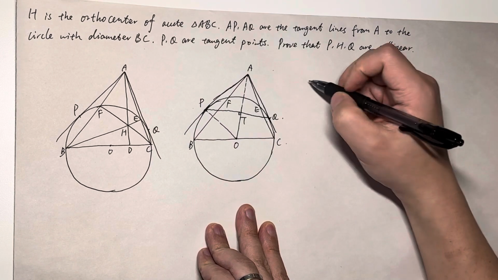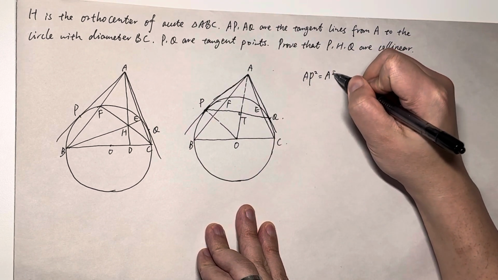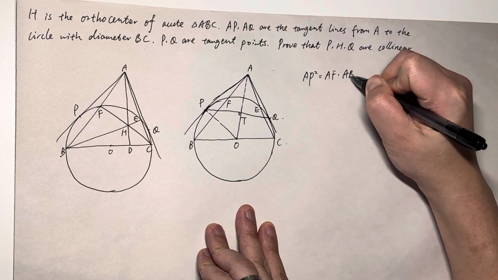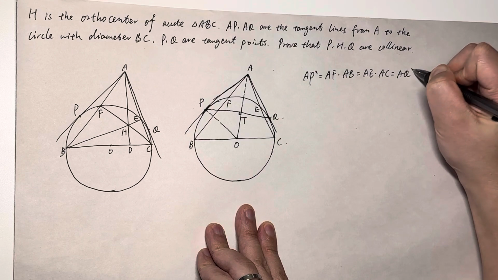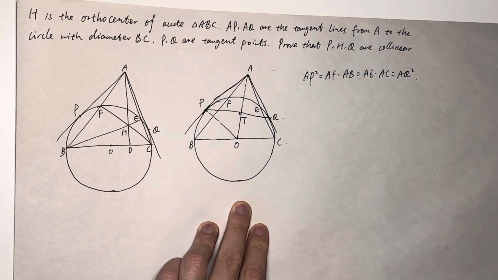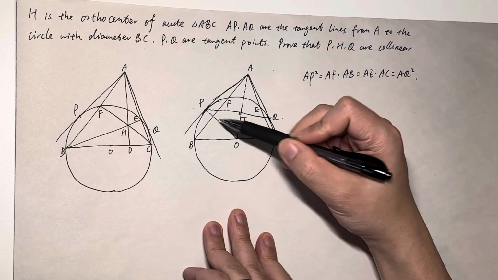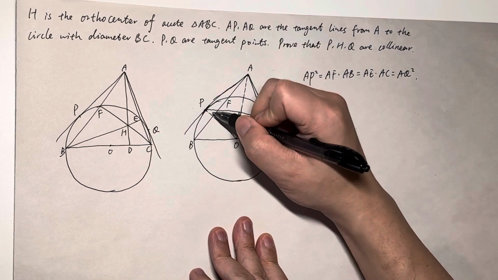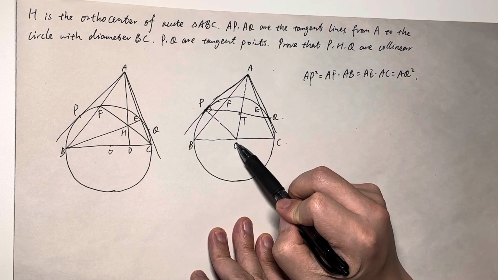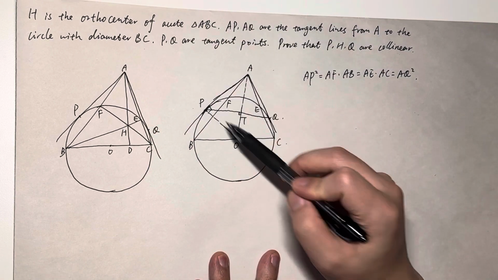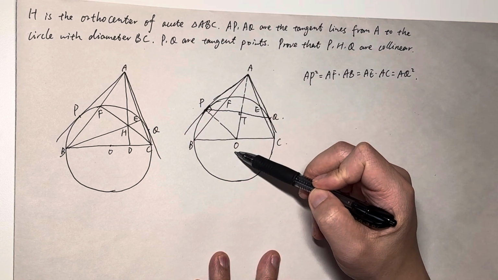And based on this, we know that AP squared equals AF times AB equals AE times AC equals AQ squared, right? That's the power of A to the circle O. And because OP is perpendicular to AP and PT is perpendicular to AO, in right triangle APO, PT is the altitude on AO, right?